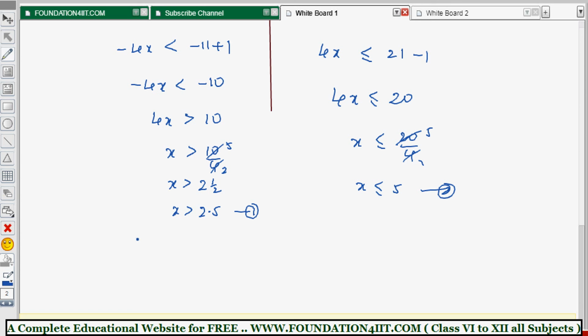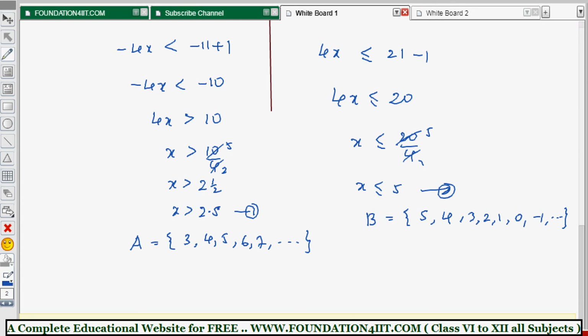If you take this solution set as A, x is greater than 2.5, that is 3, 4, 5, 6, 7, up to infinity, because x belongs to integers is given. And this set I am taking as B, x is less than or equal to 5, so 5, 4, 3, 2, 1, 0, minus 1, and so on, all the lesser values.